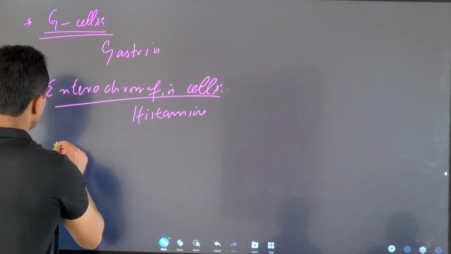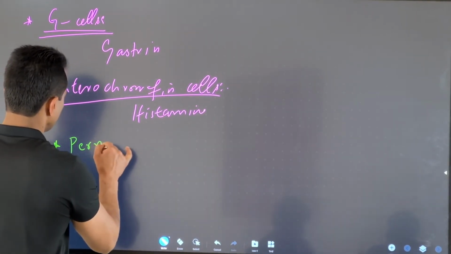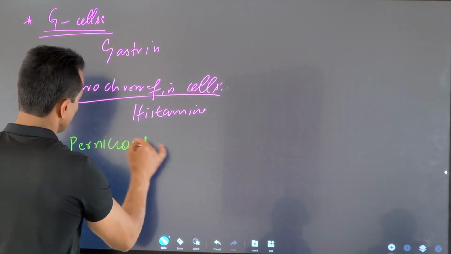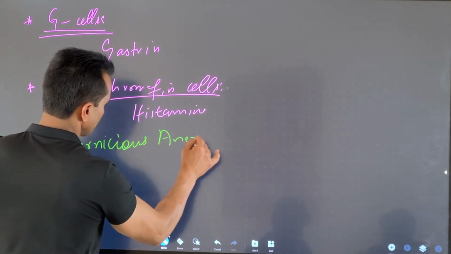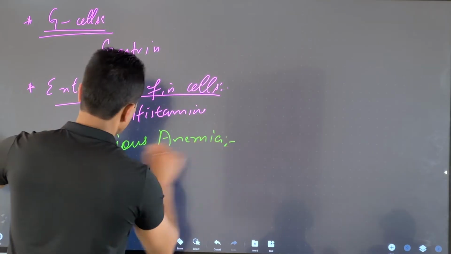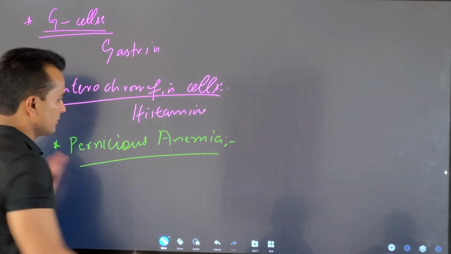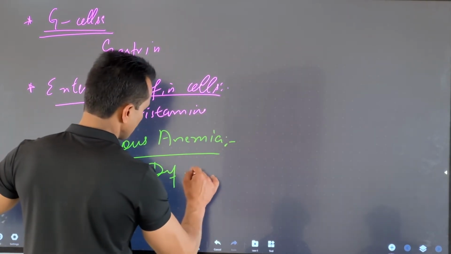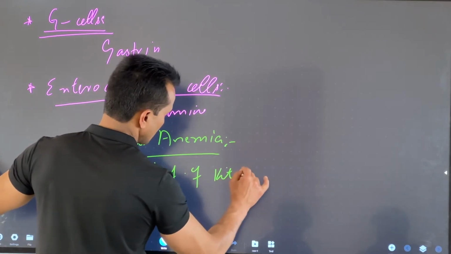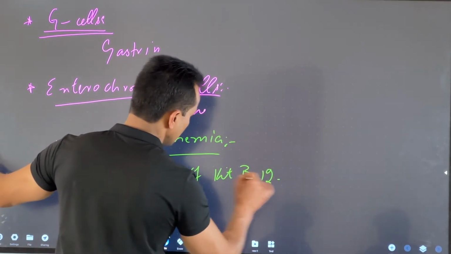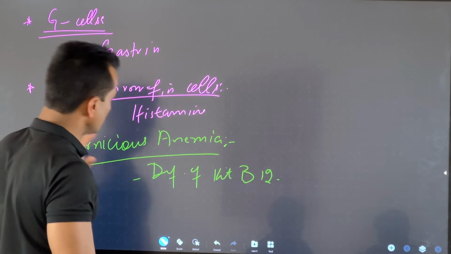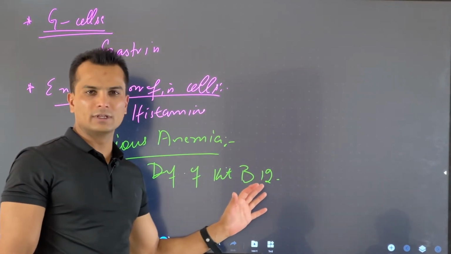So what is pernicious anemia? Pernicious anemia is deficiency of vitamin B12. And why is there deficiency? Because there is no absorption from the terminal ileum.